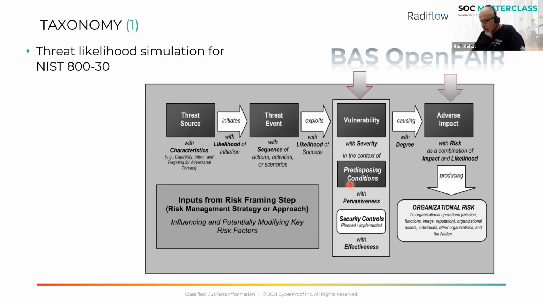Predisposing conditions can be anything, like the architecture of the network. It can be the actual production process, which might have certain stages, certain points that are more vulnerable. For example, maintenance: when maintenance comes in, that is a predisposing condition that raises the risk.